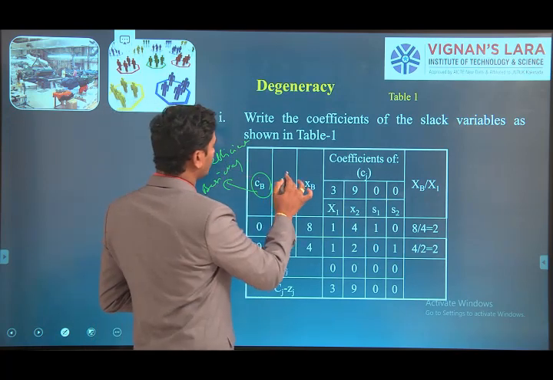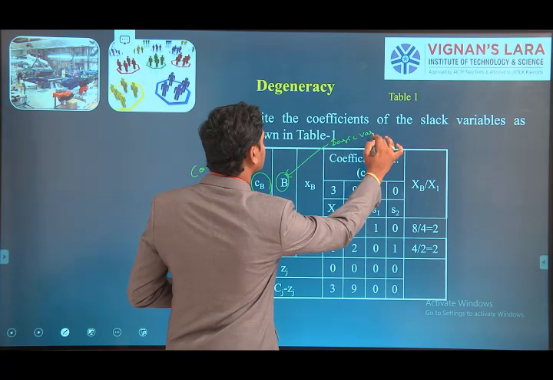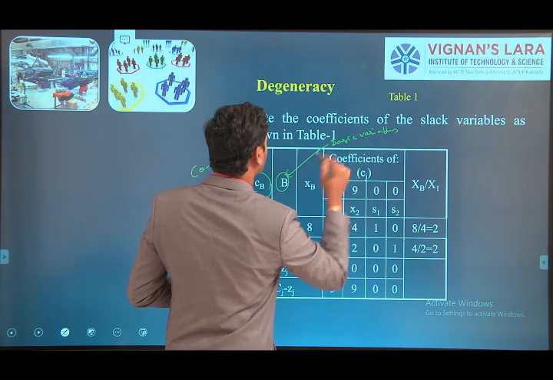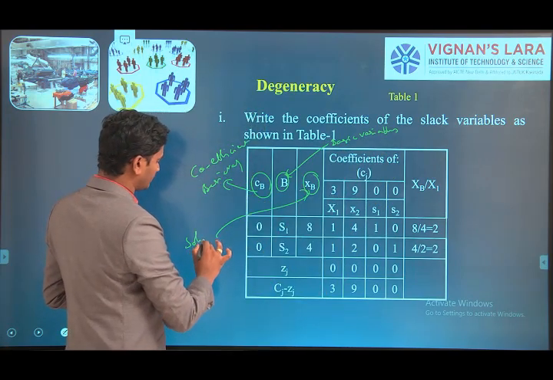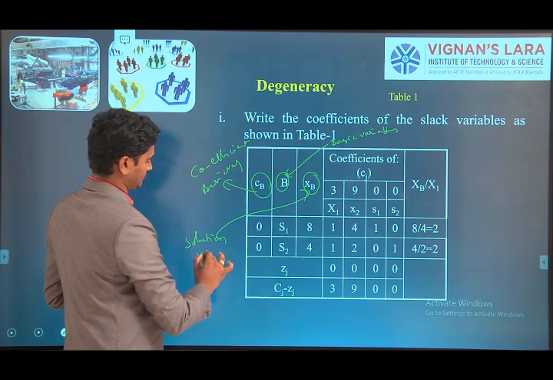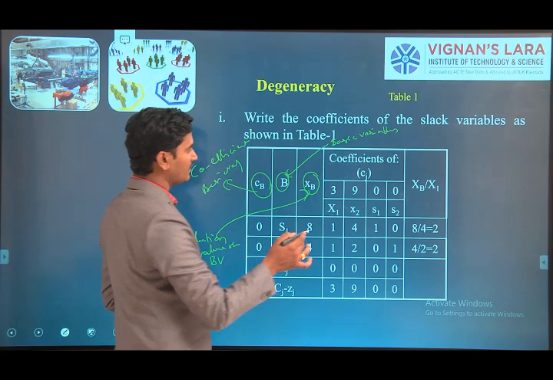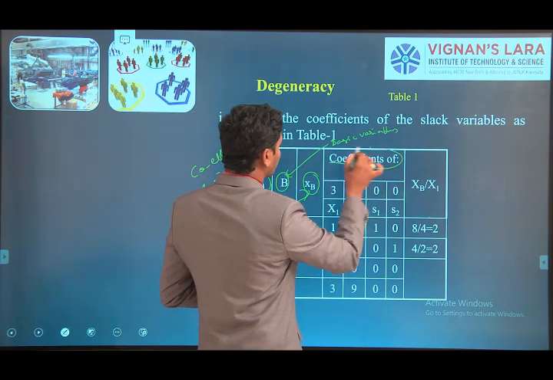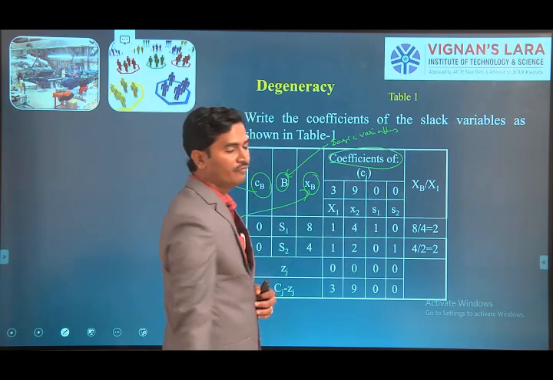In the second column we take the basic variables. In the third column we take the solution value of the basic variable. Then in the remaining columns we take the coefficients of xij, the coefficients of the variables.